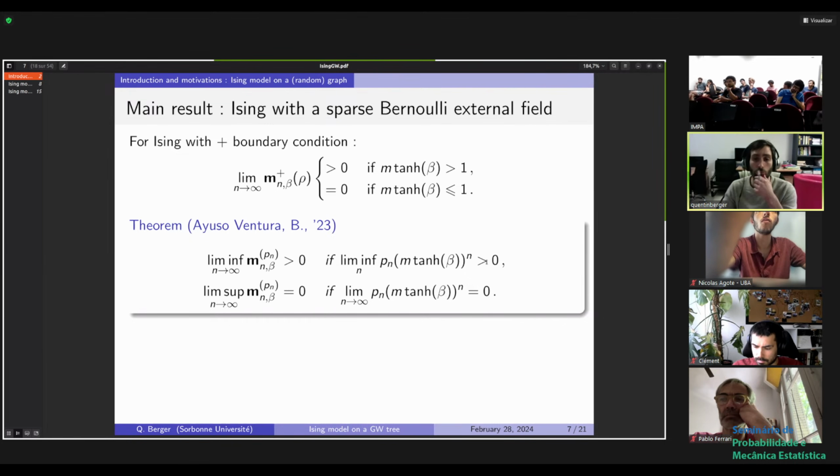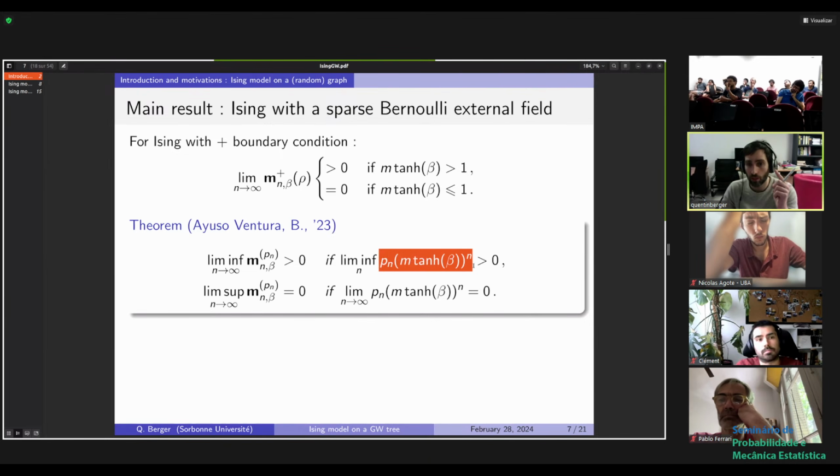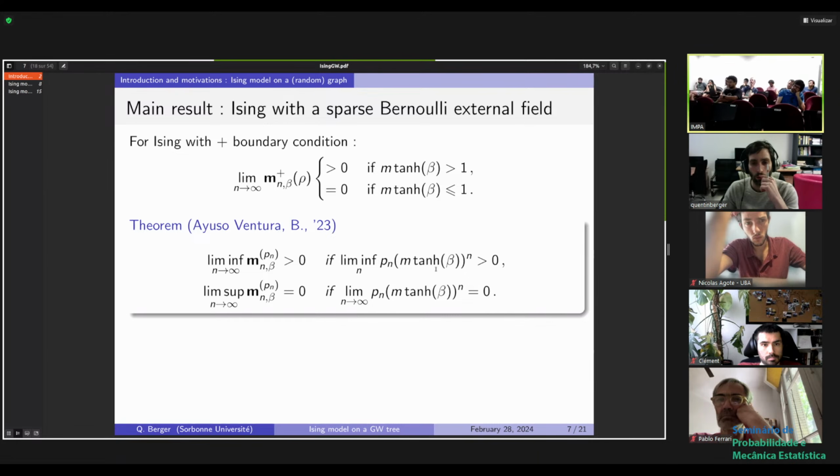For instance, if you take p_n equal to lambda to the n, what you'll see is that at criticality this quantity is strictly positive. So at criticality, you are magnetized. It's not the same behavior as the original one where you put only plus boundary condition. Okay. Thank you.